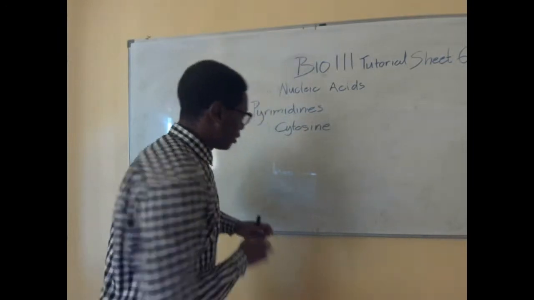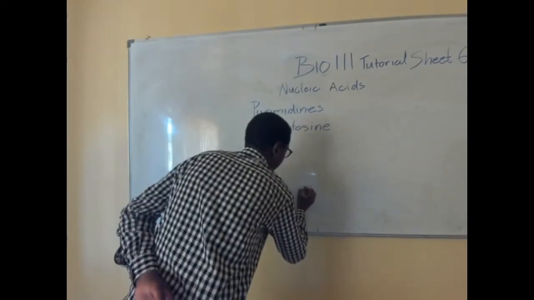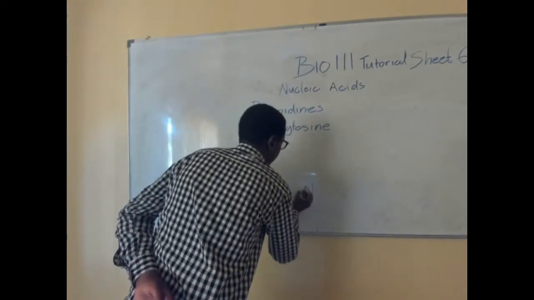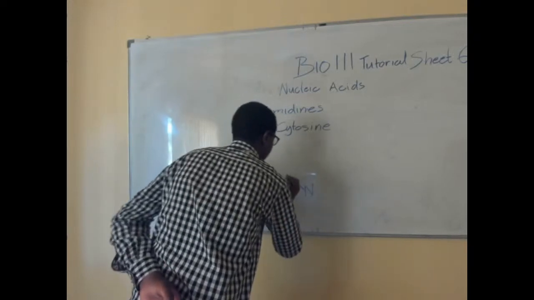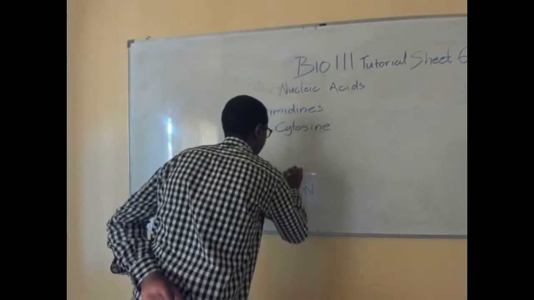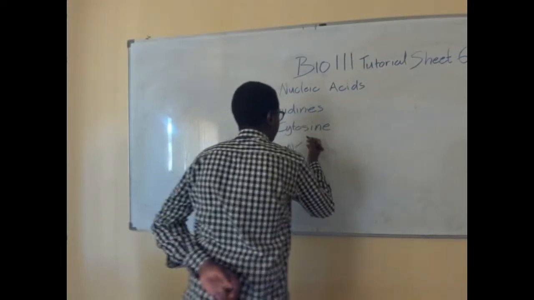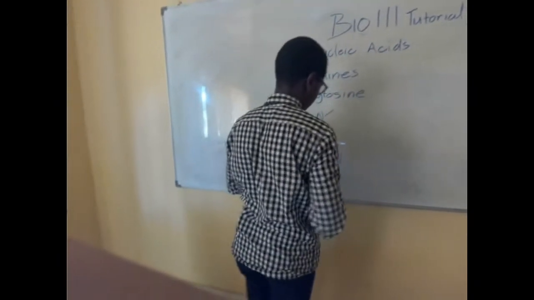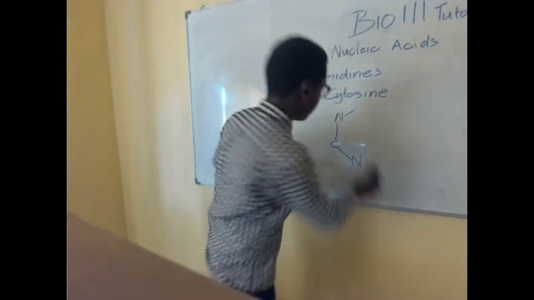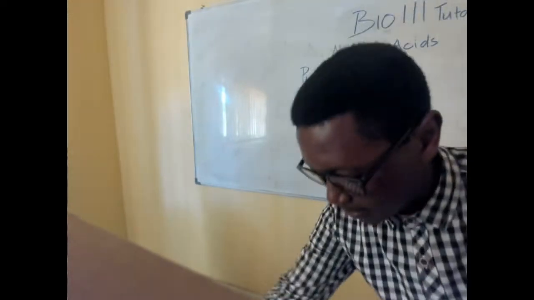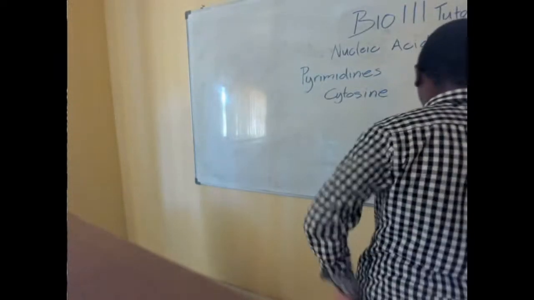And we said for purines and pyrimidines, the elements are carbon and nitrogen. So the backbones are entirely made of carbon and, sorry, let me just draw it here.